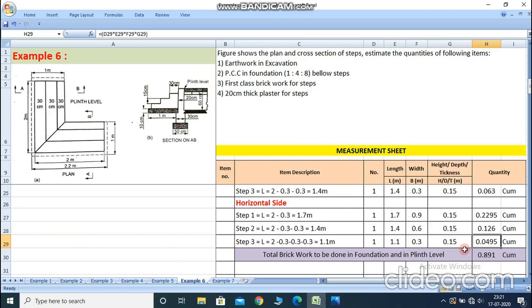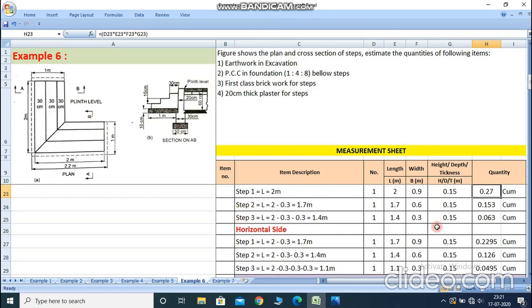Now the total quantity of the brickwork for our steps is the summation of all the above values, like step 1: 0.27 plus 0.153 plus 0.063 plus 0.2295 plus 0.126 plus 0.0495.